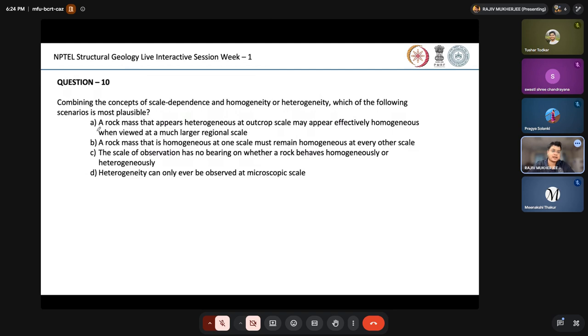Option B, a rock mass that is homogeneous at one scale must remain homogeneous at every other scale. Option C, the scale of observation has no bearing on whether a rock behaves homogeneously or heterogeneously. And option D, heterogeneity can only ever be observed at microscopic scale.